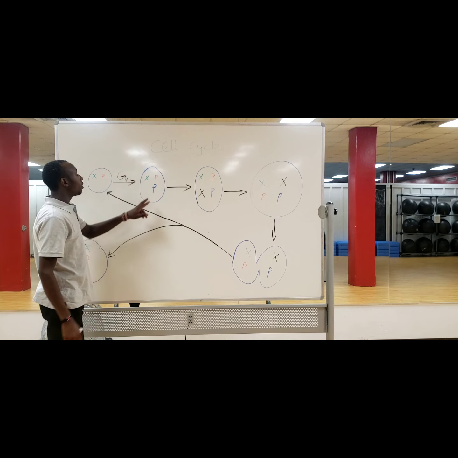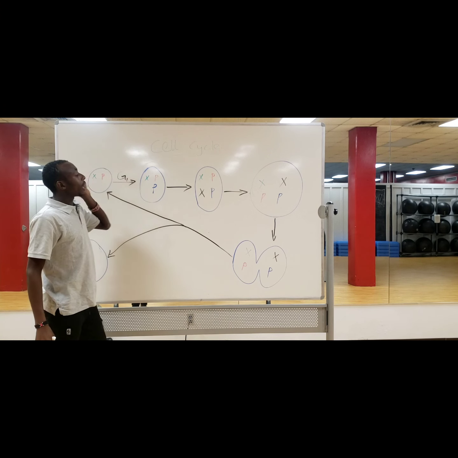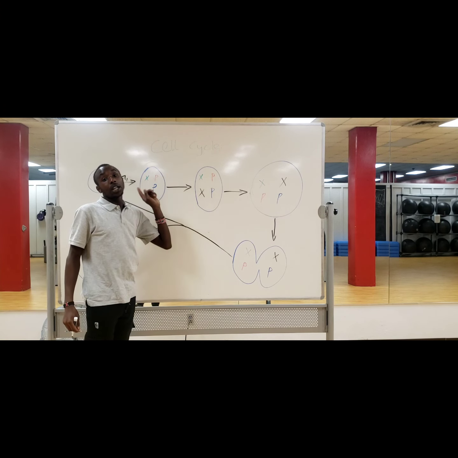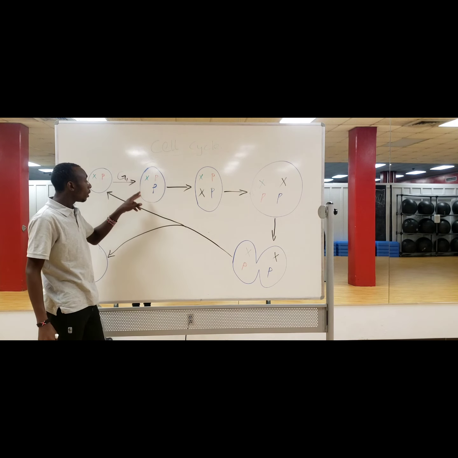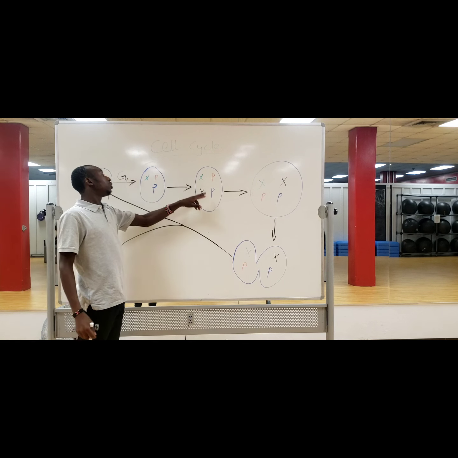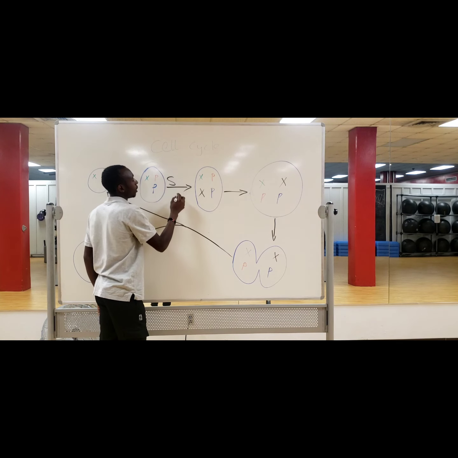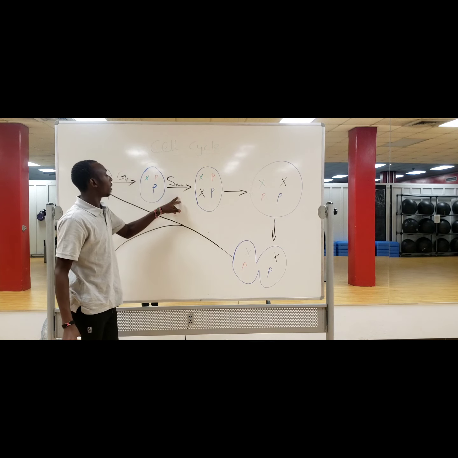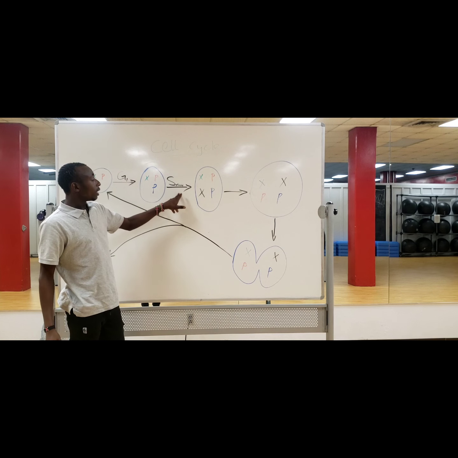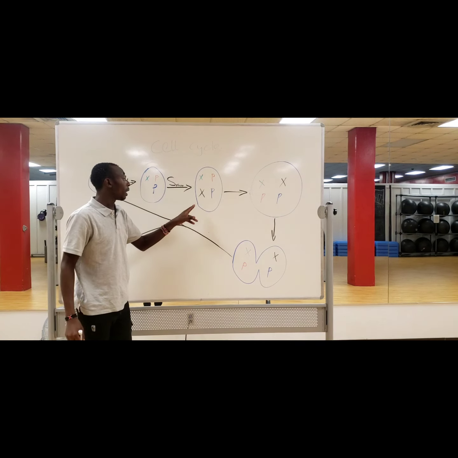In the G1 phase, a new protein is formed so that it can form a duplicate number of chromosomes. And the process whereby there's duplication of chromosomes is called the S phase. The S phase is a process whereby the chromosomes become duplicated.